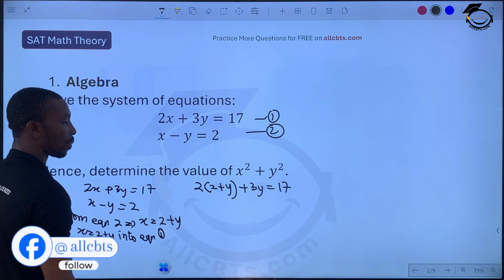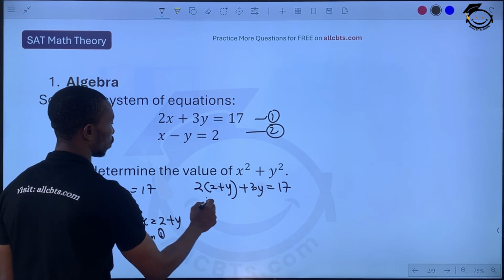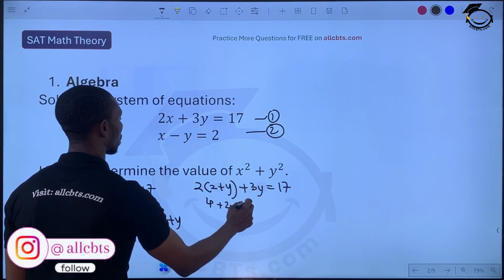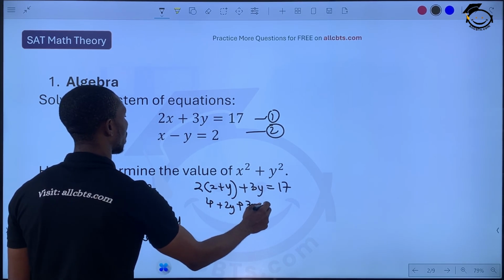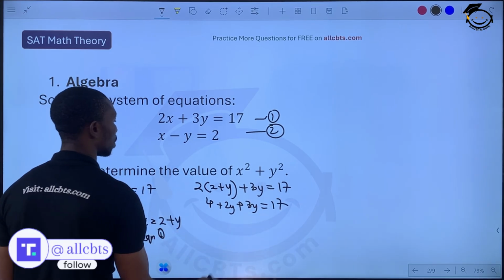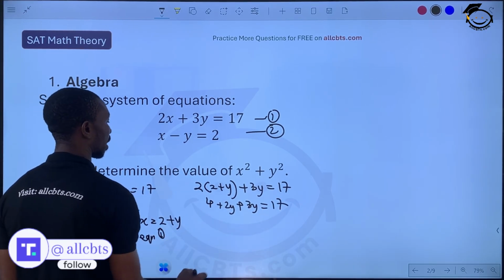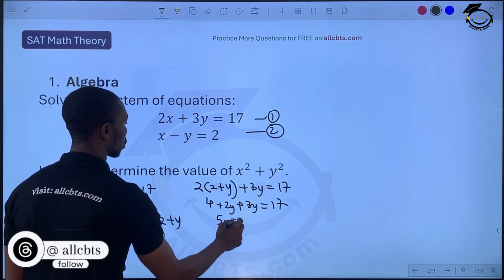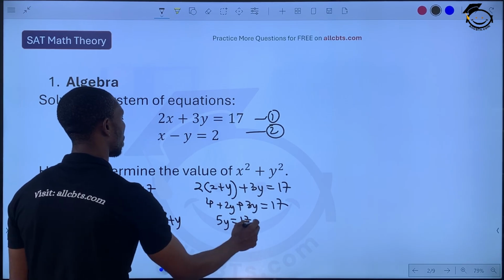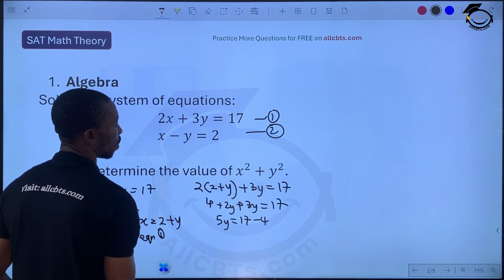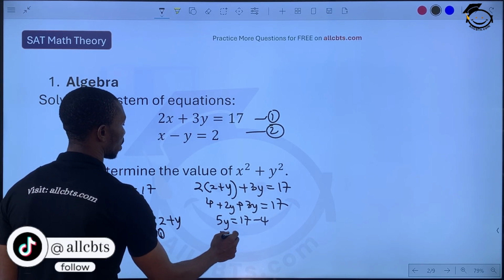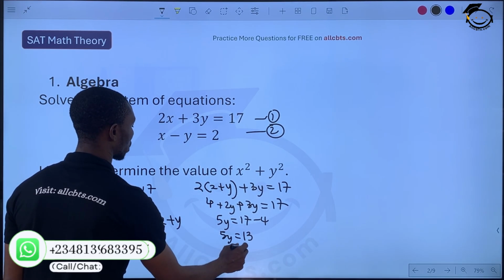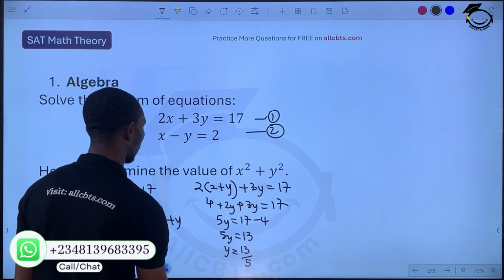Opening up our bracket, we have 2 times 2, 4, plus 2y plus 3y equals 17. Collecting like terms, we have 5y equals 17 minus 4, so 5y equals 13. So our y equals 13 over 5.